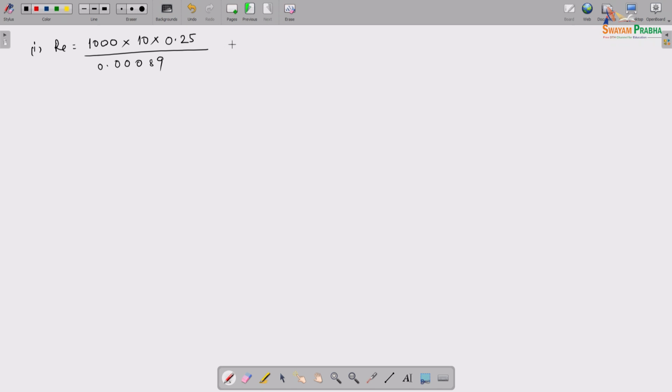So this is equal to 3 million actually. Then the second case, rho is 1.32, V is 100, D by 1.205. I think you should be doing this along with me, or stop the video, do this yourself and come back and cross check.